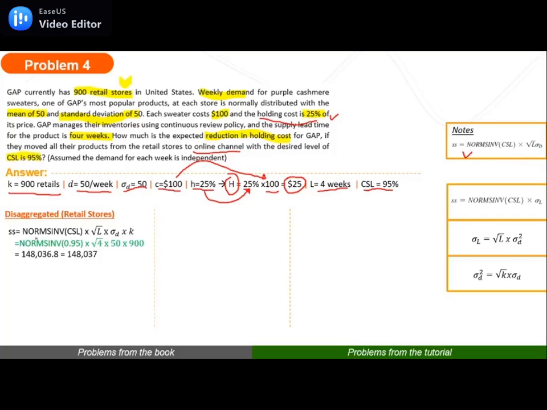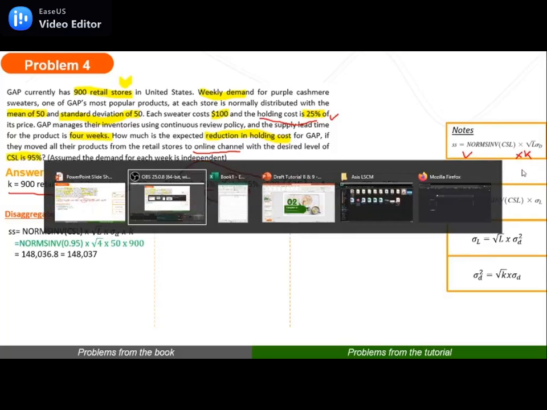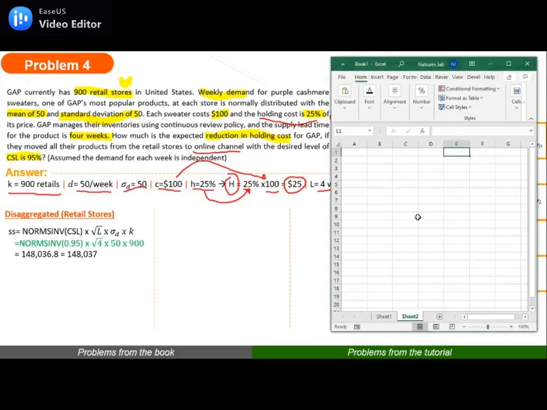The formula is we use the NORM.S.INV of the CSL times the square root of the lead time times the standard deviation of demand times the square root of K. Actually, in this we need to add times the square root of K. I will use the Excel.